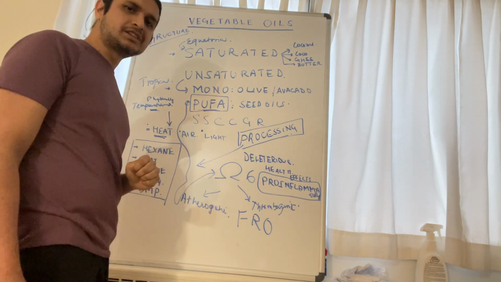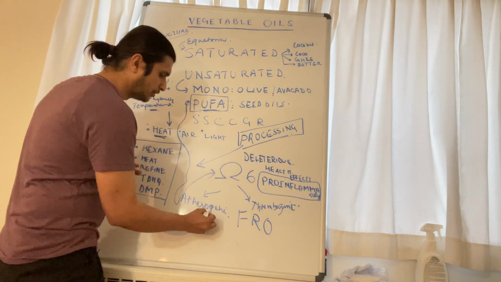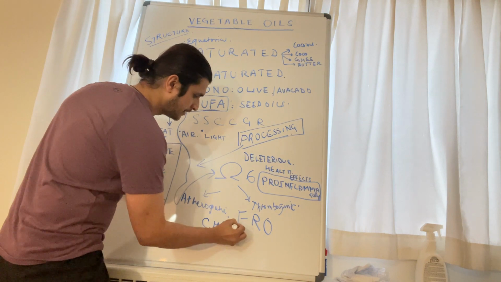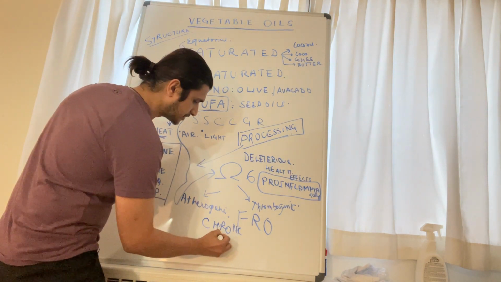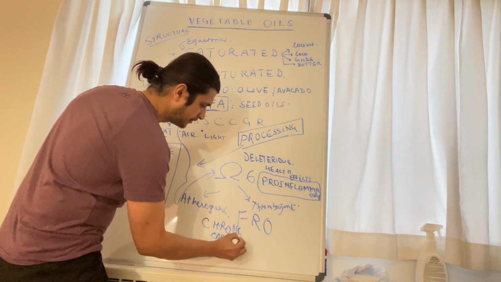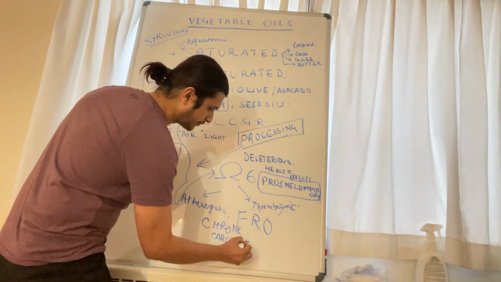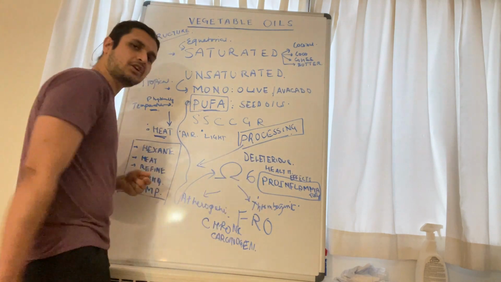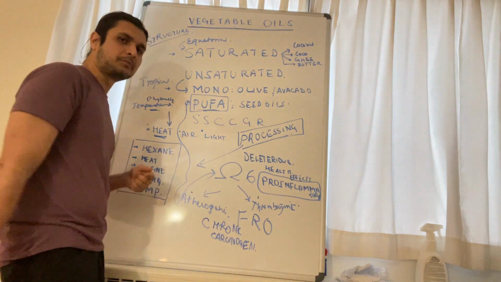All those mutations will cause all the problems, including chronic inflammation, cancer formation, and thrombogenic, atherogenic effects. Thrombogenic causing blood clots, atherogenic causing cholesterol plaques.